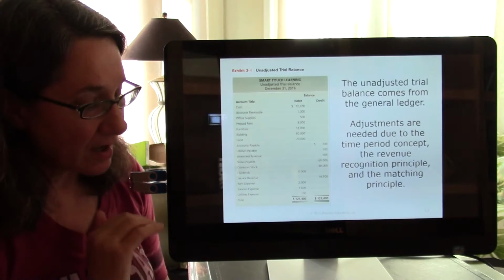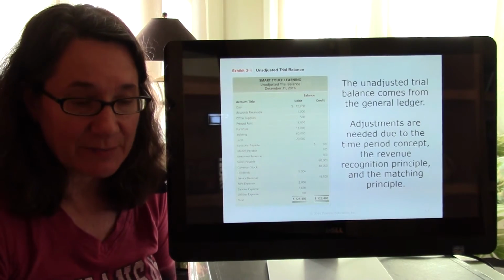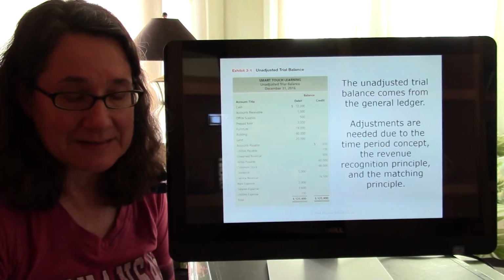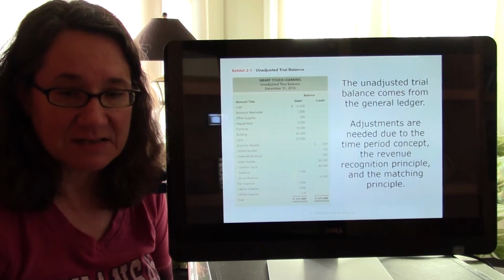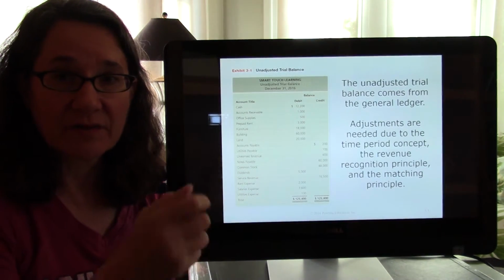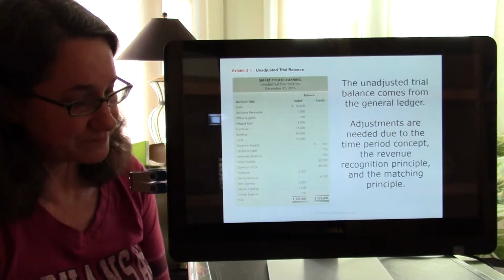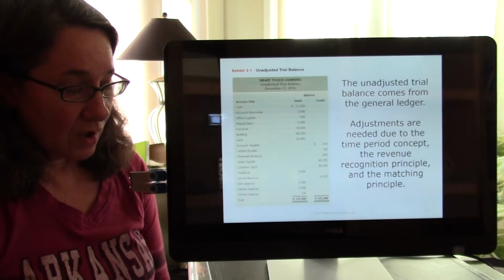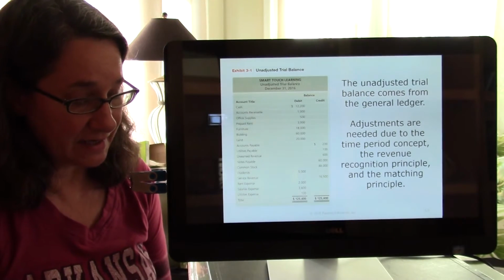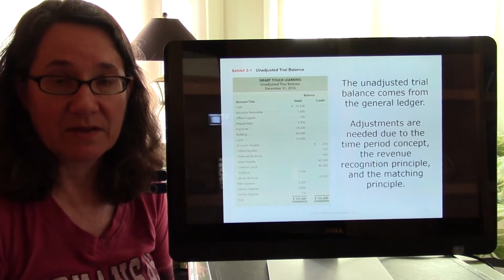Okay, now, I'm sure you all remember the trial balance that we did at the end of Chapter 2. There was one on our exam, and the trial balance merely takes all the accounts, puts them in a list, debits on the left, credits on the right. We see if at the bottom of the column they balance. Now, what we did in Chapter 2 was actually an unadjusted trial balance.